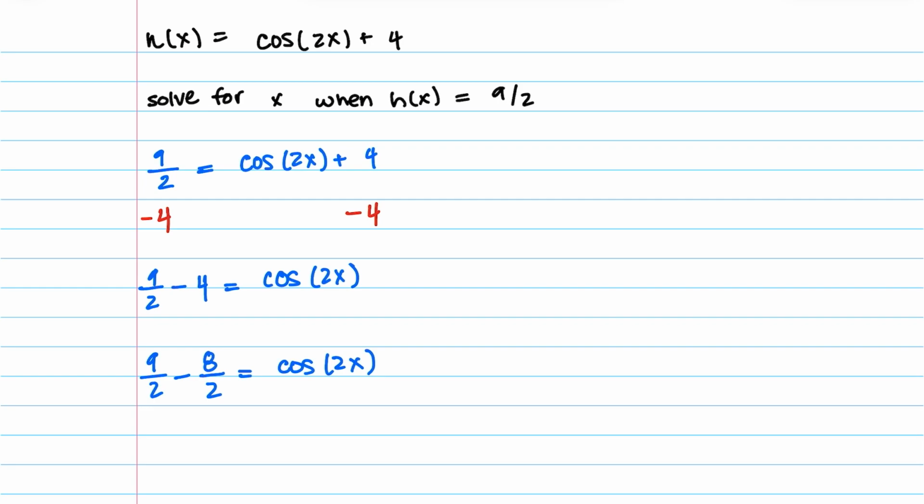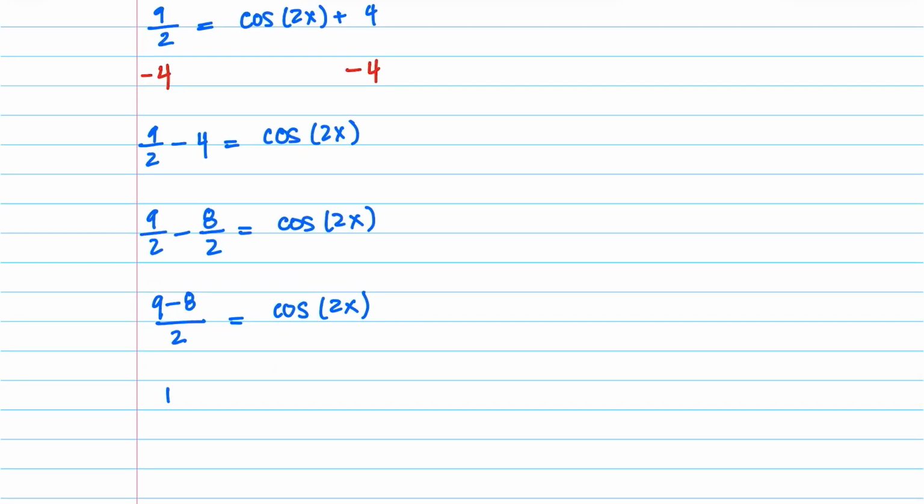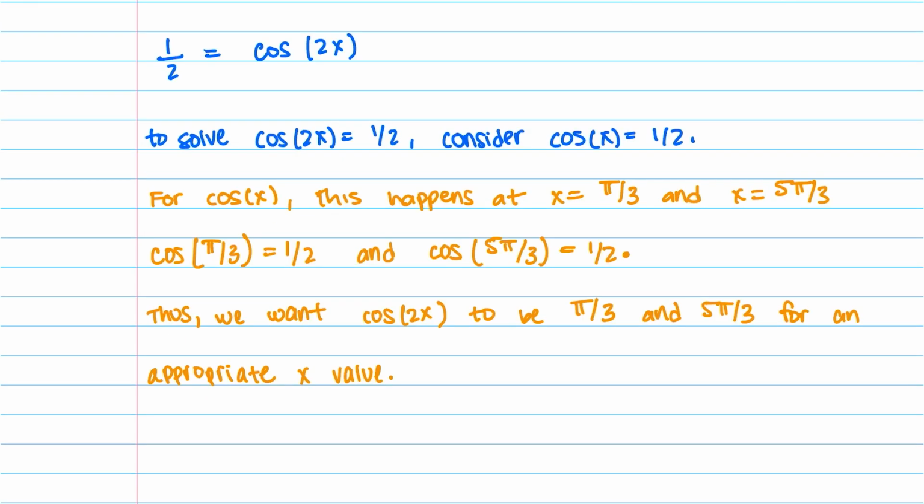And so you'll have 9 minus 8 all over 2 is equal to cosine of 2x. And so if you simplify the left-hand side, 9 minus 8 is just 1 over 2 is equal to cosine of 2x.